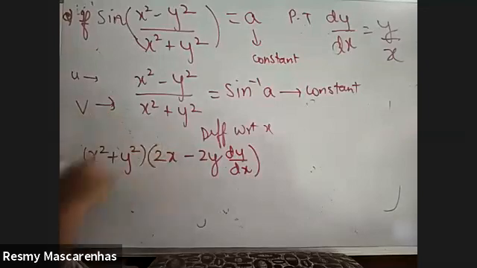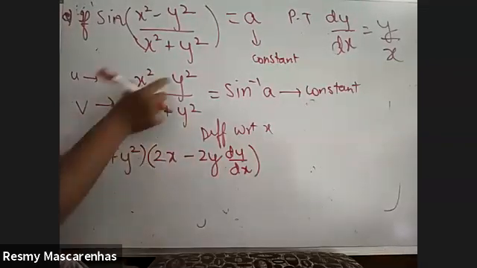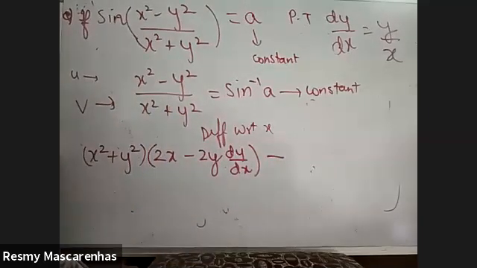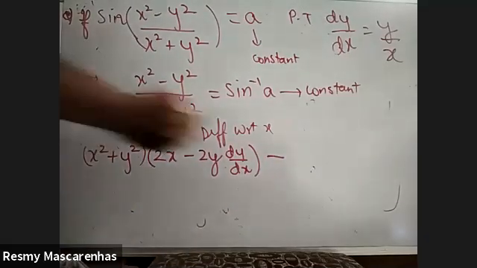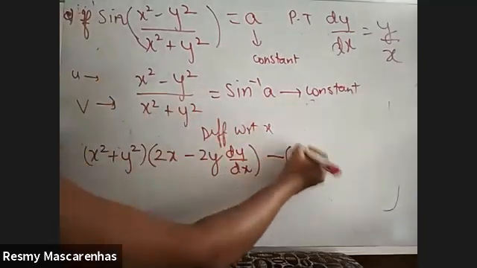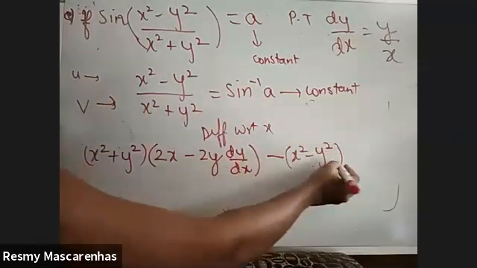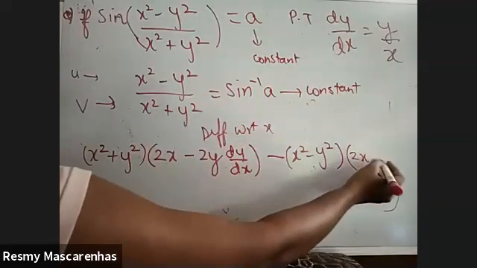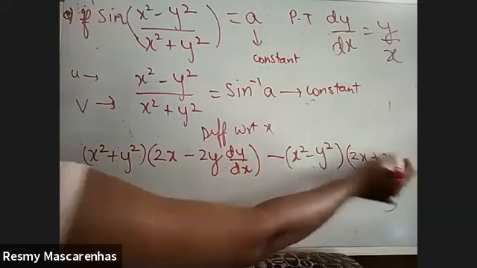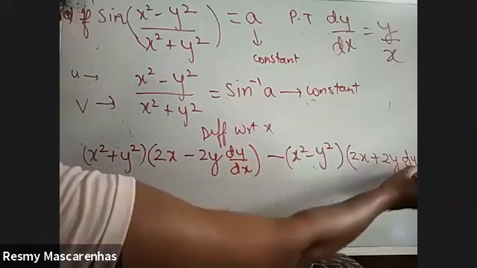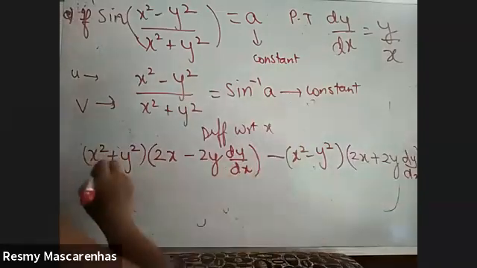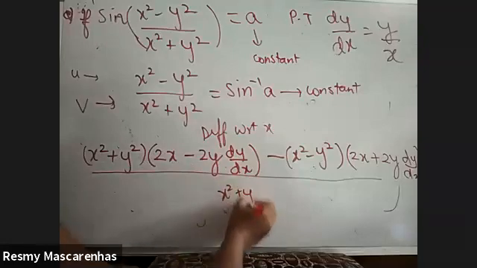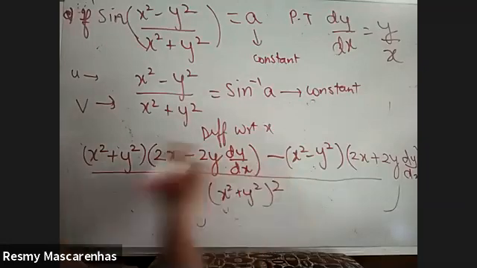So, denominator into derivative of numerator, minus, now write the numerator, that is x square minus y square, into the derivative of the denominator, 2x plus 2y extra dy by dx, upon v square, the whole square.